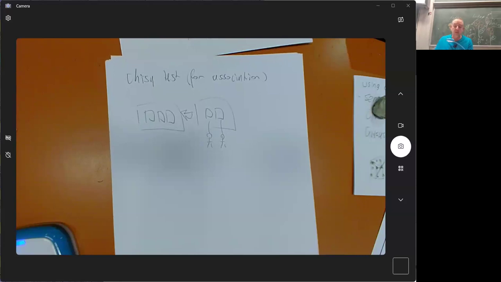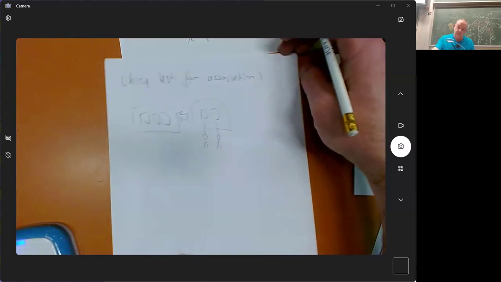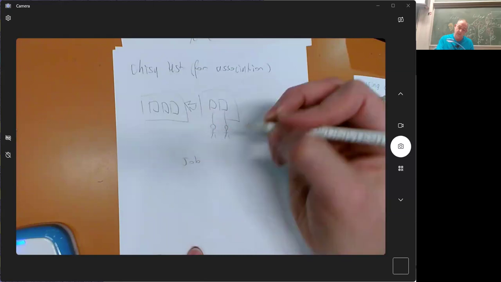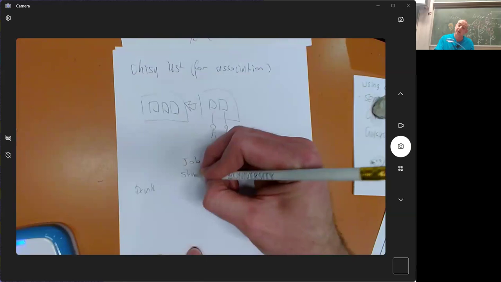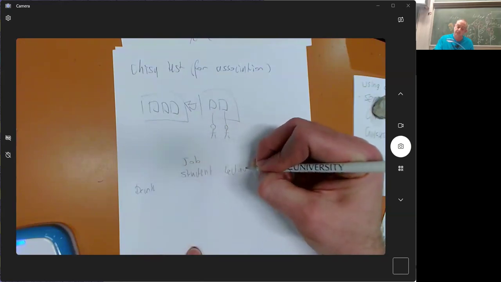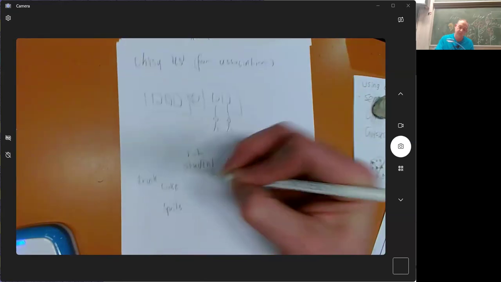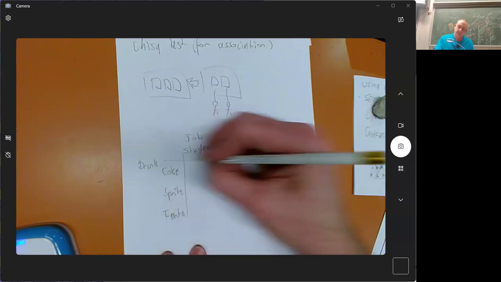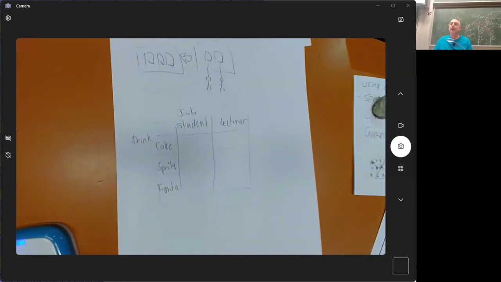And in that one, you have to make a two-way table. So this is like job. So I'm just making up a random example. I'm imagining that we've asked students and lecturers what their favorite drink is.